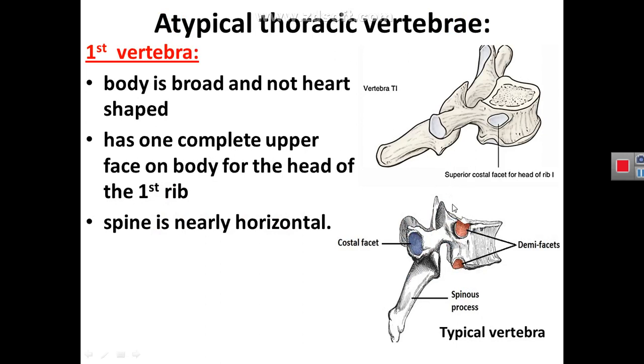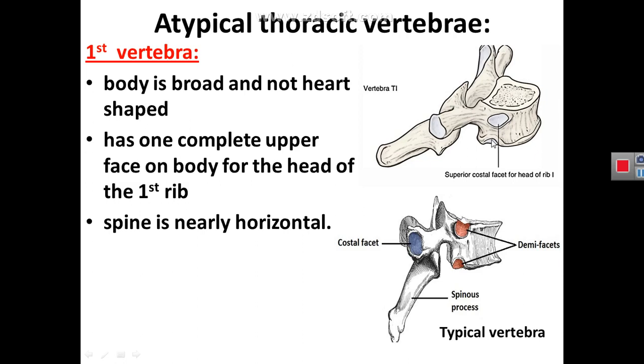Anything deviated from these features will be considered an atypical thoracic vertebra, which are numbers 1, 9, 10, 11, and 12. Number 1 has the following features. The body is not heart-shaped, it's broad. On the sides, the body contains an upper complete facet, not a demifacet.